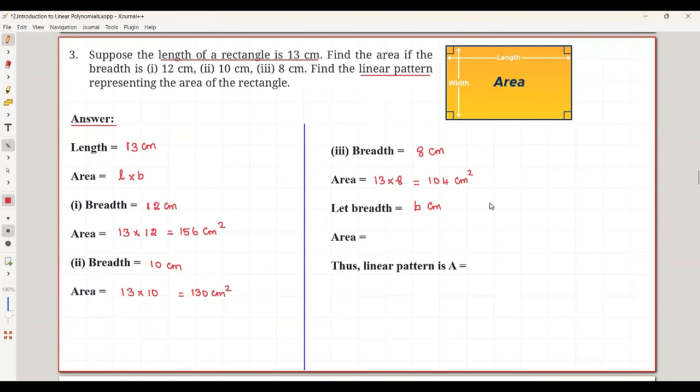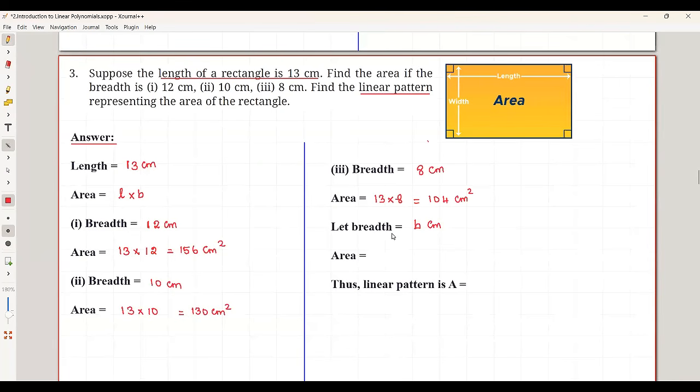I'm choosing let the breadth be B centimeter. Here the length is already fixed. The formula for area is L into B, and the length is fixed at 13, so 13 into B. The formula will be 13B. 13B is the linear pattern.